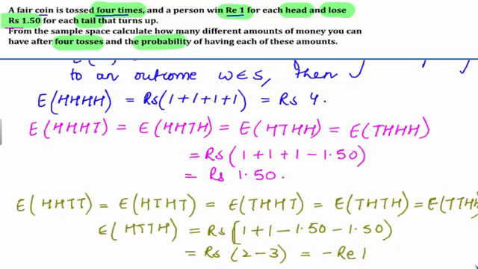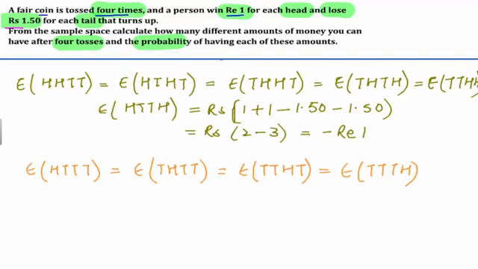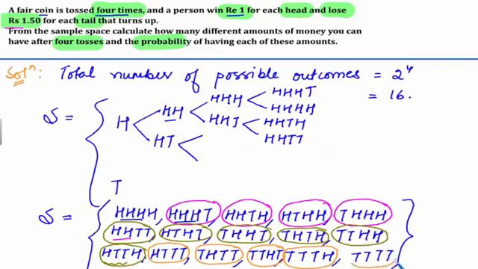And thus we have E(HTTT) is equal to, and so on, is equal to, here we have 1 head, so we have 1, and 3 tails, so we have minus 1.50, minus 1.50, and minus 1.50, which is equal to minus rupees 3.50. That is, here the person has a loss of rupees 3.50. And now let us find the value for the last outcome, which is tail, tail, tail, tail.